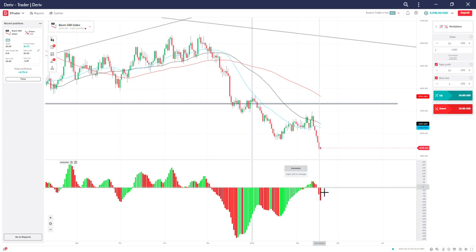The momentum is downwards. Looking at the positions, the moving averages are above the chart, so that of course gives us a hint that the market would be bullish again.